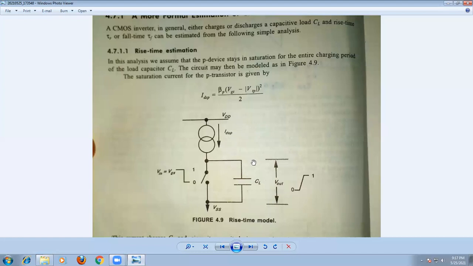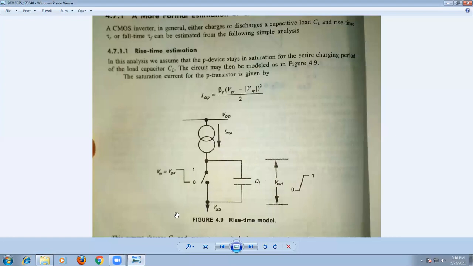When the output voltage rises towards VDD, the pull down transistor is off and the pull up transistor is on.